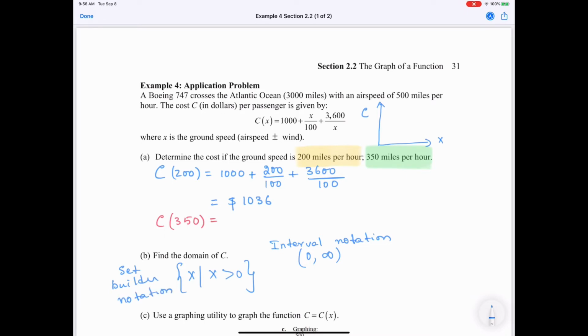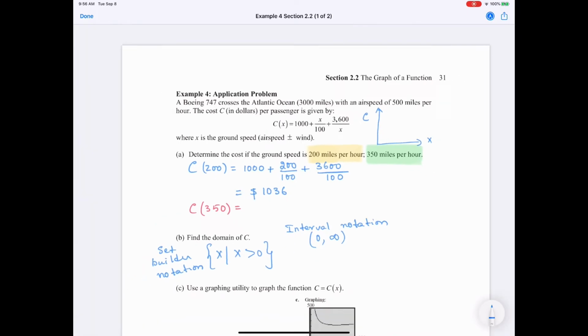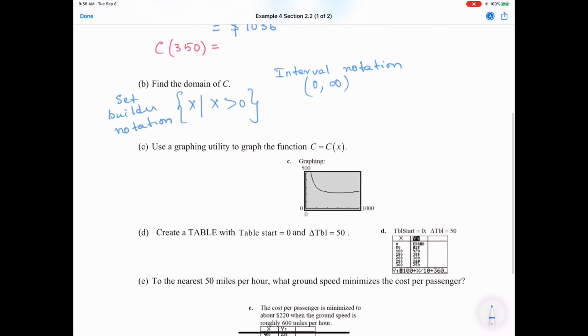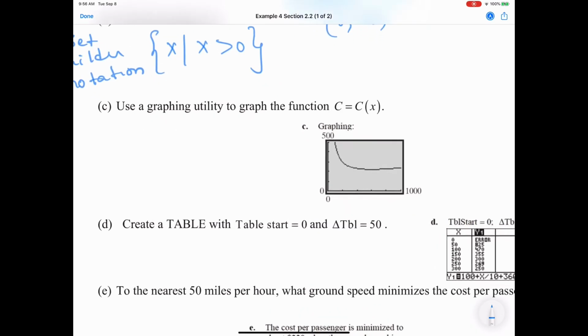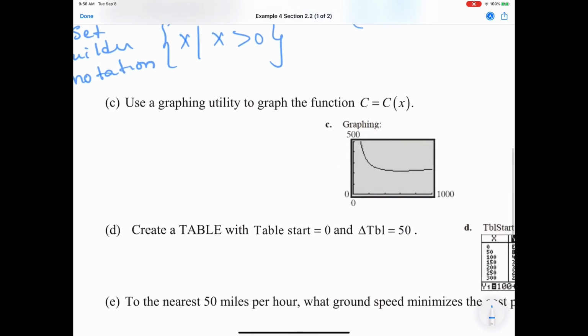Okay, the third part is asking me to use a graphing utility to graph it. I did graph this for you in a graphing calculator, and the graph is being shown here. The things you need to note: in my calculator, under y1 equals, I put the cost function. And then I changed my window.